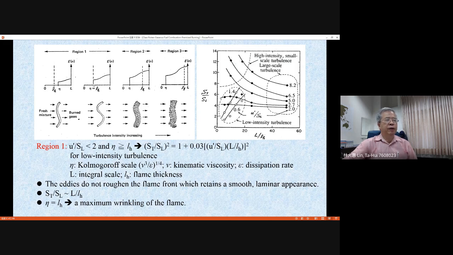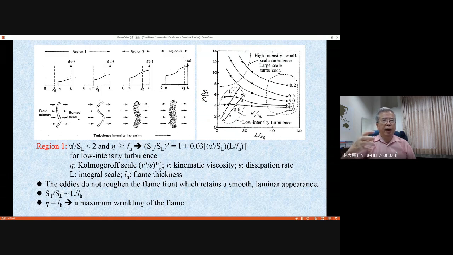And you find the flame wrinkling, the curvature of the flame, achieves the maximum value, which means eta equal to LH gives the possibility to reach the maximal wrinkling of the flame. Okay, this is region 1, and eta equal to LH is the limit condition for region 1. Okay, this is part 1.